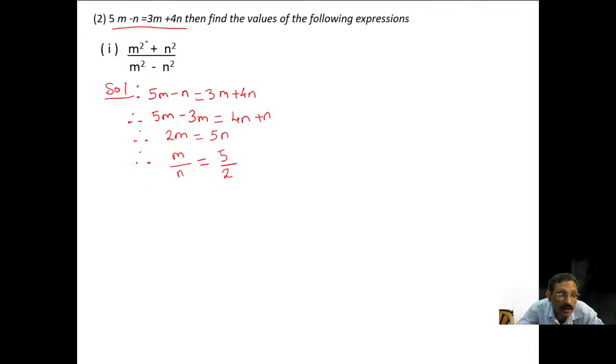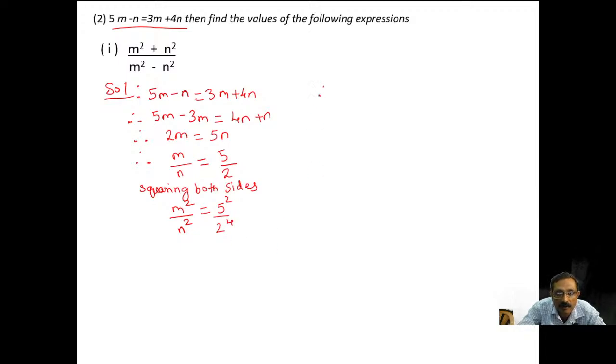Now if you look here, I have got a square term here, I've got a square term here. So what can I do? I've seen that I can square it. So squaring both sides, I get m square upon n square, which is equal to 5 square upon 2 square.